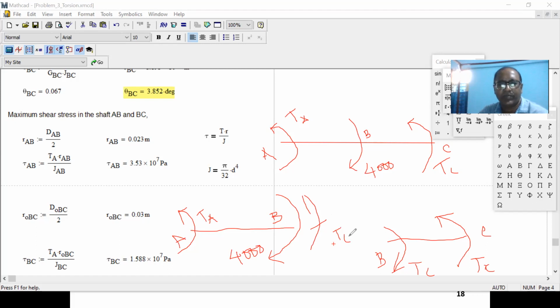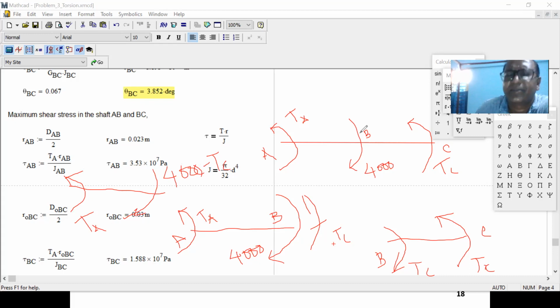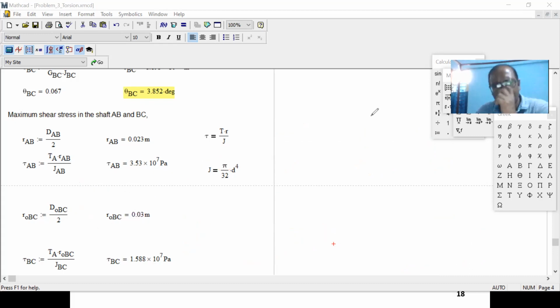Now, if you make summation of these two, then it will be 4,000 minus TC. That means at point AB, there will be TA, and here in this direction 4,000 minus TC, and this will be TA. So in that case, we'll say TA equal to 4,000 minus TC. Okay, now more clear? Yes, sir. Okay, good.